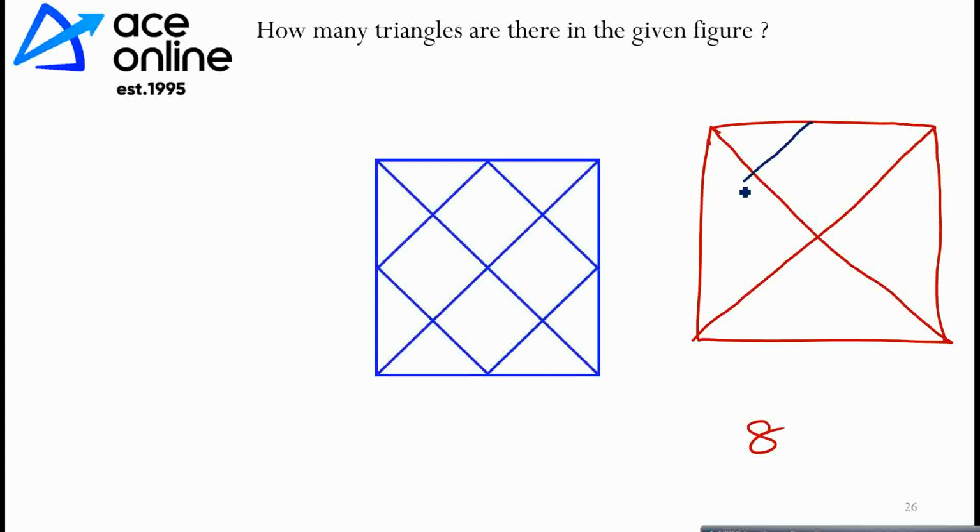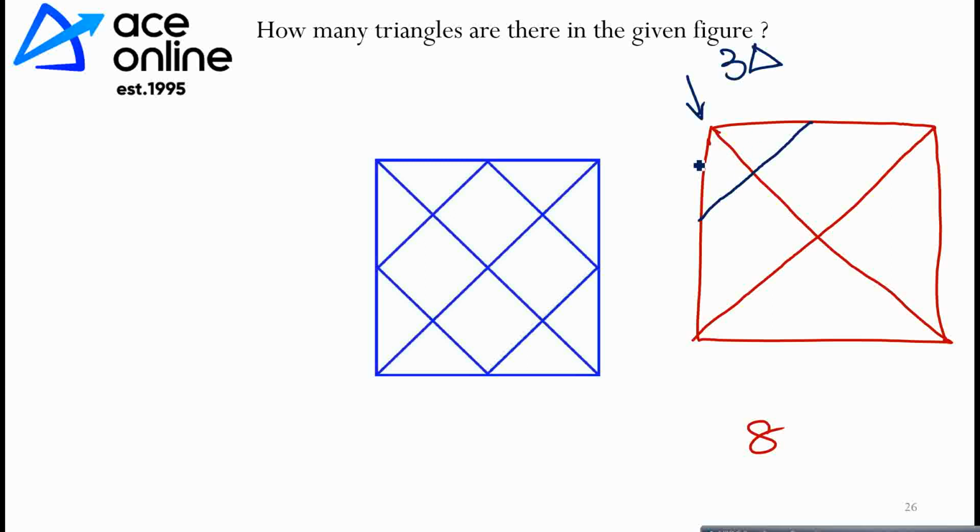Now, listen. When they add this line, in this corner, 3 triangles are formed. How, sir? 1 and 2, 1 plus 2, 3. Say A and B, AB. That corner you observe, the top left corner, because of that one blue line added. Here 1, 2 and combined 1, 3. 3 triangles are generated.